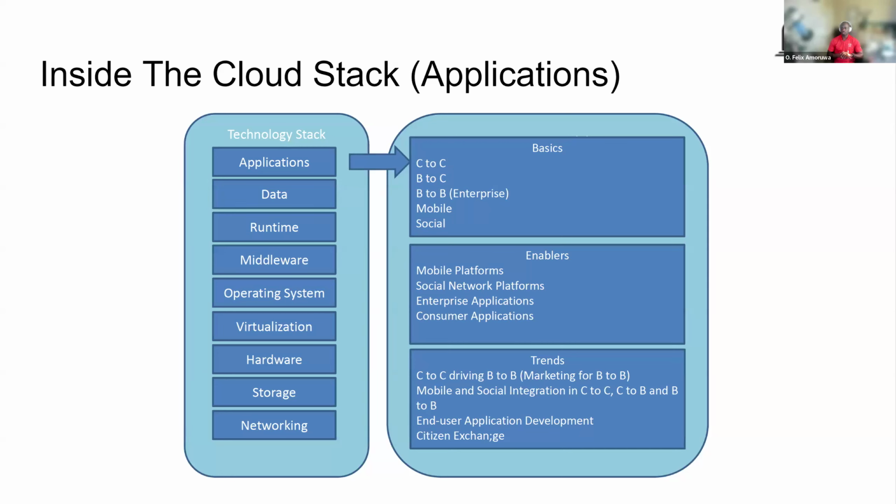You also have enablers. We talked about mobile and social network platforms. You have enterprise applications and consumer applications that are fundamentally running on top of the stack or built into parts of the cloud stack. And then you have other trends that exist as well.